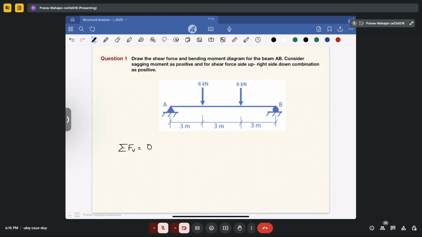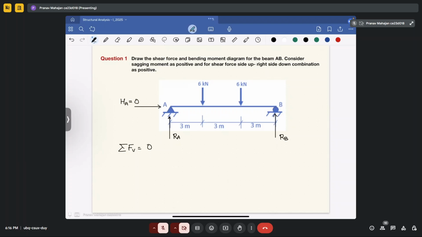So suppose this is your RA and this is your RB. Since A is a hinge support, in this one horizontal force will also come into picture. This horizontal force will be equal to 0 because no horizontal force is acting in this whole system.